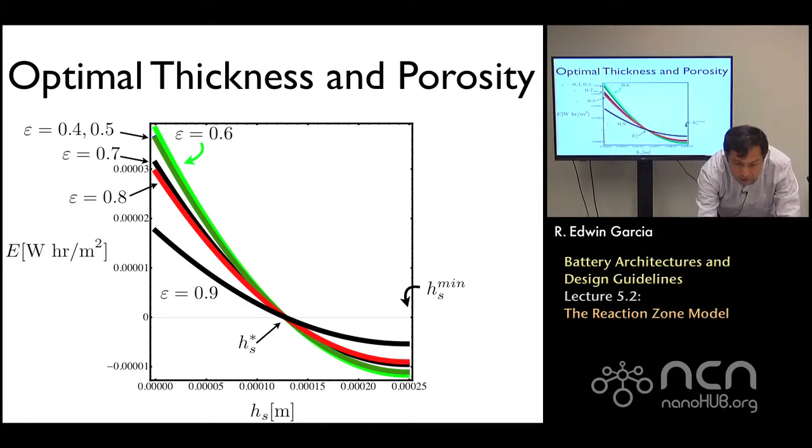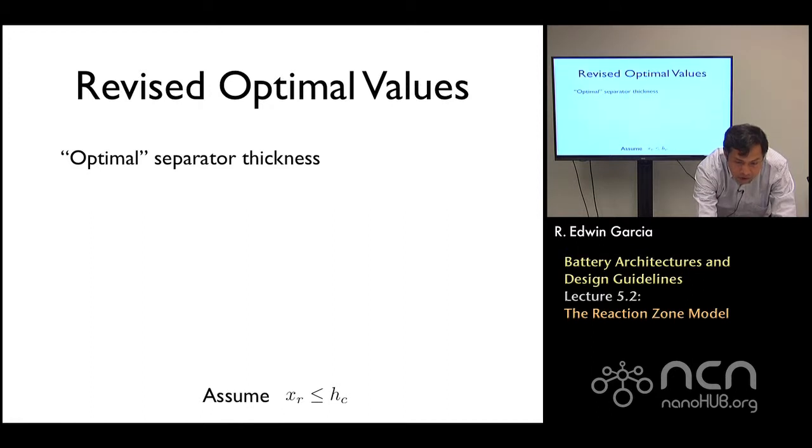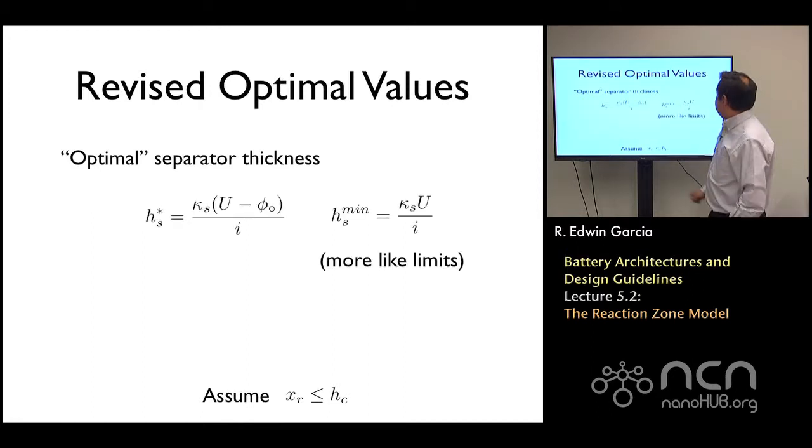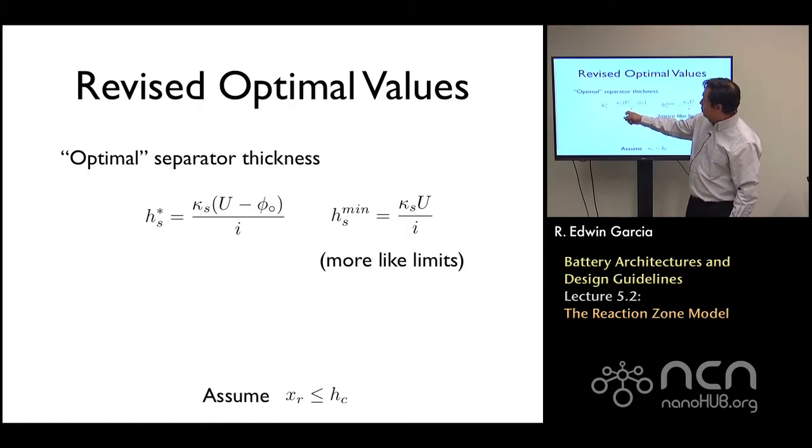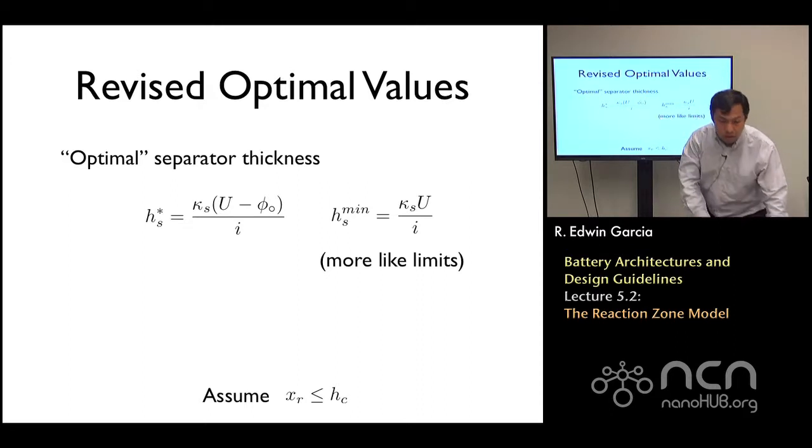Now, what are those optimal values then for the optimal separator thickness? The minimum will be basically given by the short circuit. Okay, and another one will be given by, again, it's highly dependent on what the current density is and what your cutoff voltage is.